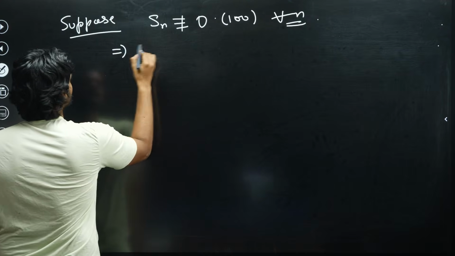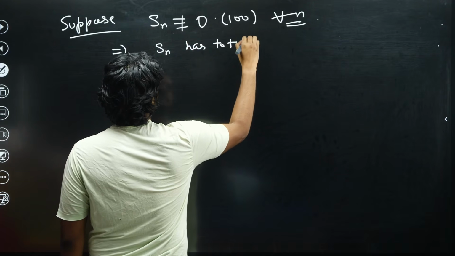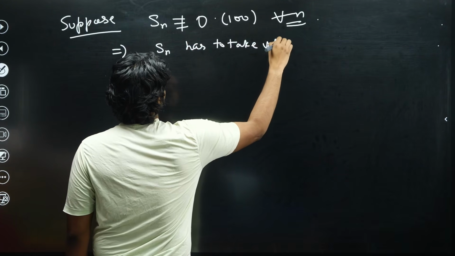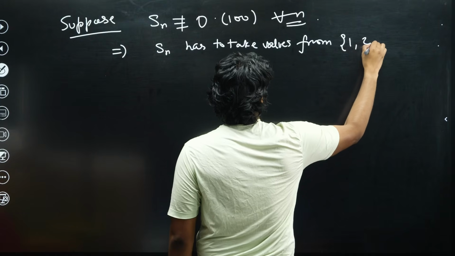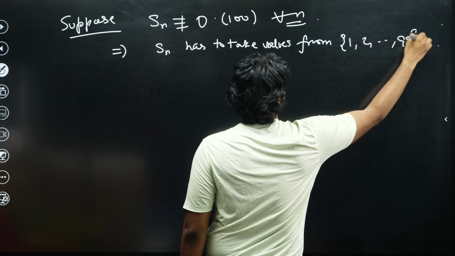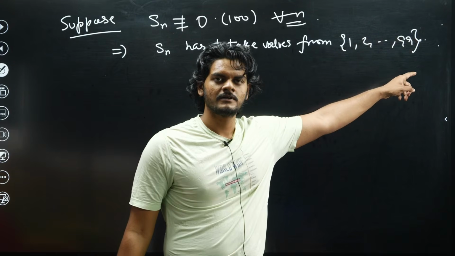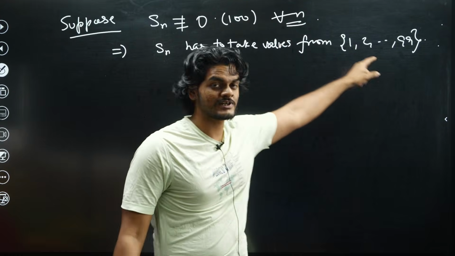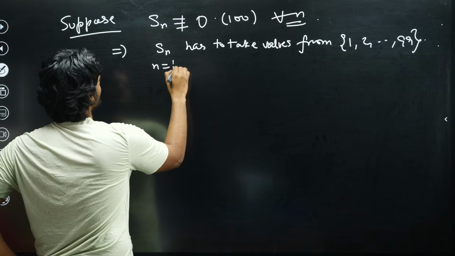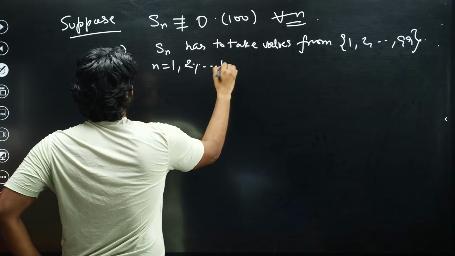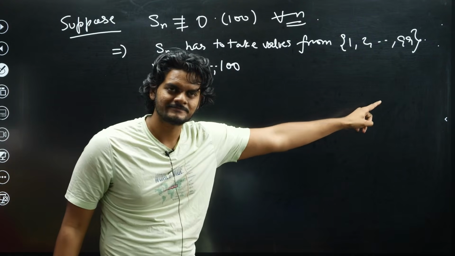That implies Sn has to take values from 1, 2 till 99. There are 99 pigeonholes, but there are 100 pigeons for n equal to 1, 2 till 100. 100 pigeons in 99 holes.